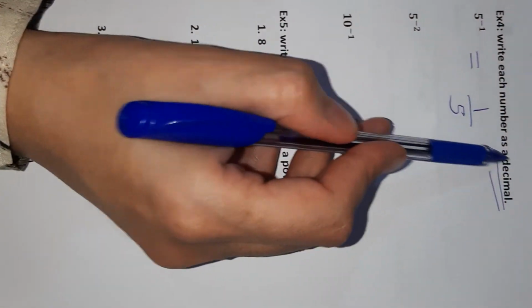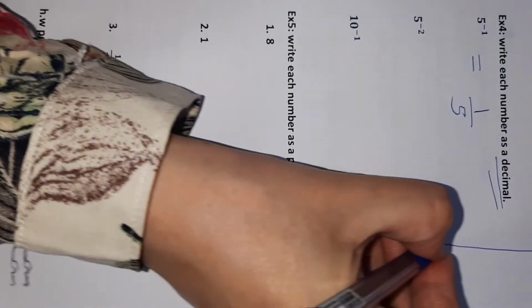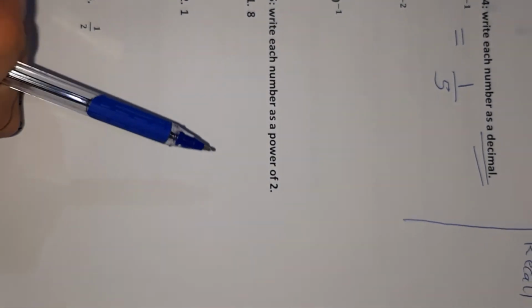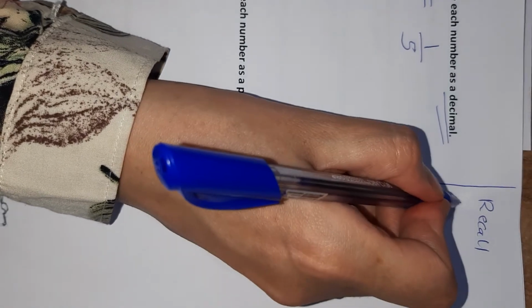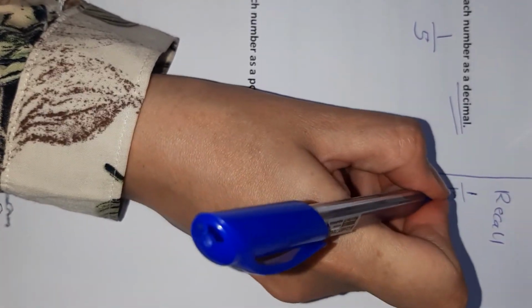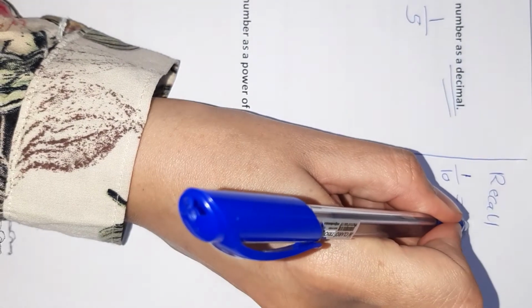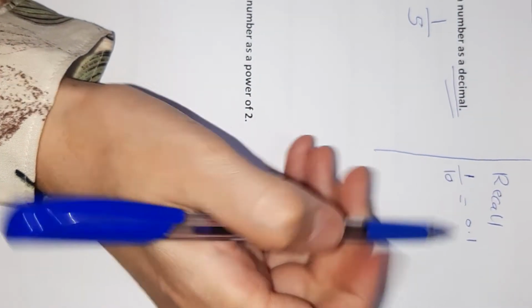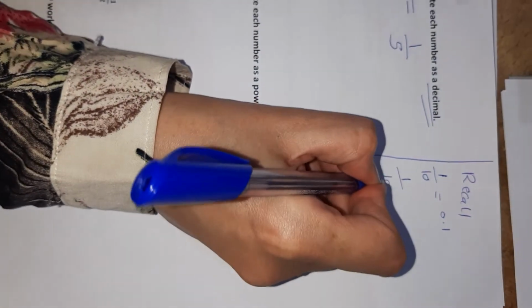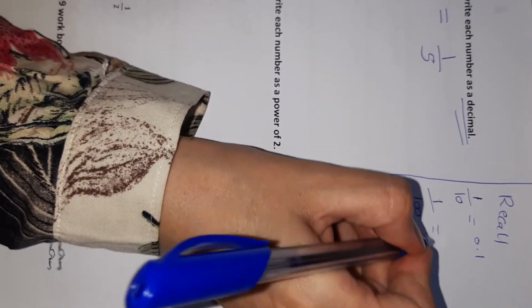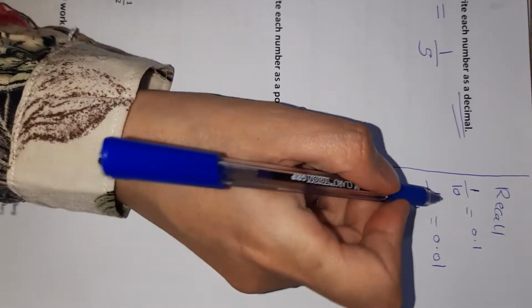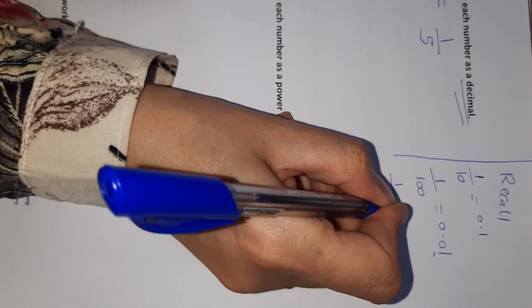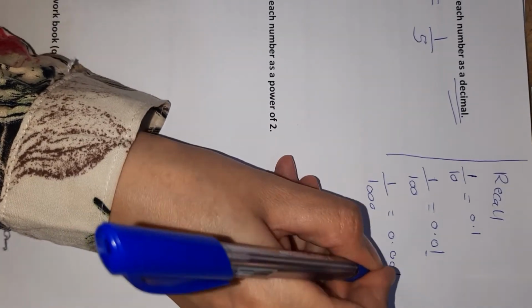Now to write anything as a decimal, recall: 1 out of 10 equals 0.1, 1 out of 100 equals 0.01, 1 out of 1,000 equals 0.001.